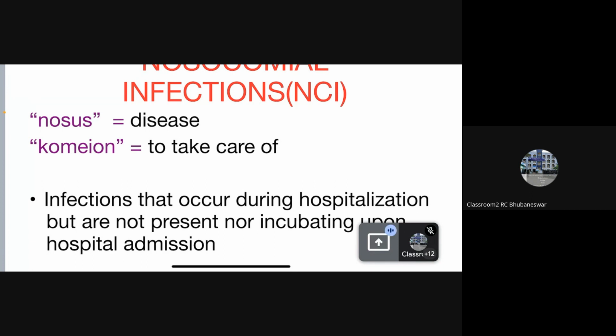When the patient was admitted, they were not present, and also this infection was not in the incubation period. We need to check this before labeling it as NCI, because sometimes the patient is in the incubation period, and in that case we wrongly label it as a nosocomial or hospital acquired infection.